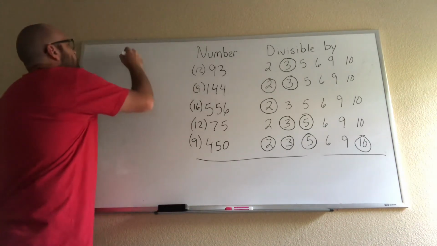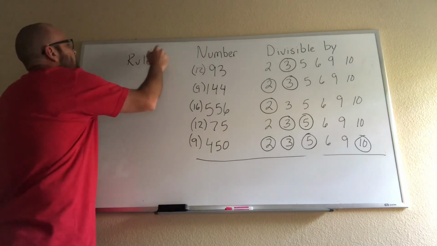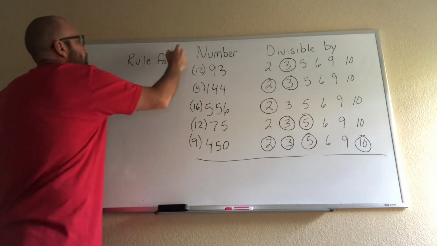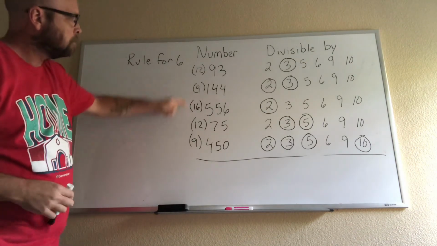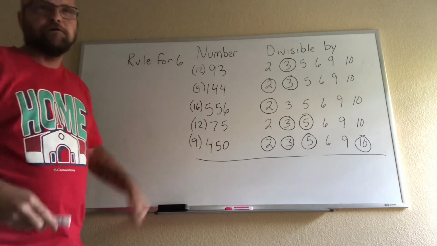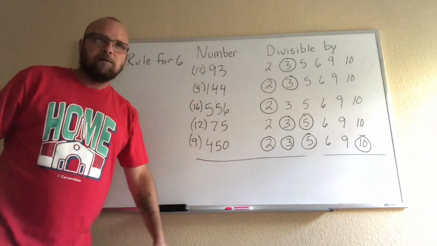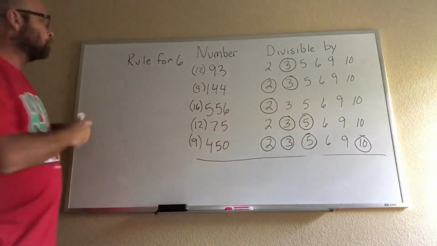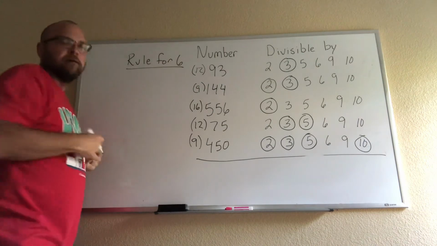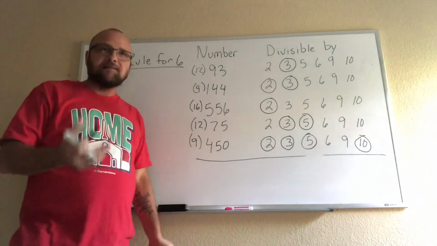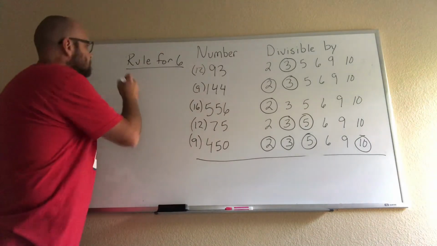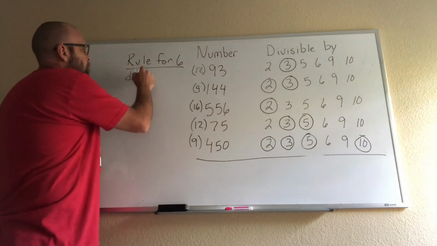Now we're going to look at the rule for 6. And I'm going to leave these up here, the sums of the digits, because I'm going to use them again for when I get to 9. The rule for 6 says it's even and divisible by 3, which basically means it's divisible by 2 and 3.